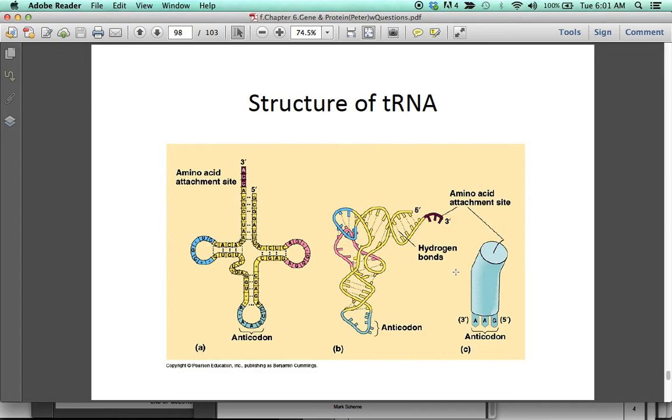Now let me emphasize this very strongly: each tRNA molecule has a specific set of anticodons. Every tRNA molecule has a specific set of triplet bases here, and this corresponds to the type of amino acid found here.